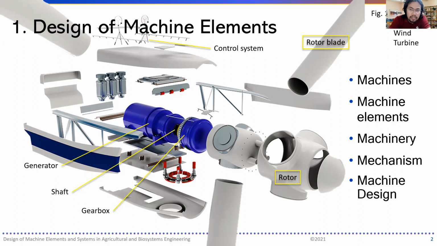A machine is an apparatus using or applying mechanical power having several parts, and each part has its definite function, and together the parts perform a particular task. The components of the machine are the machine elements.